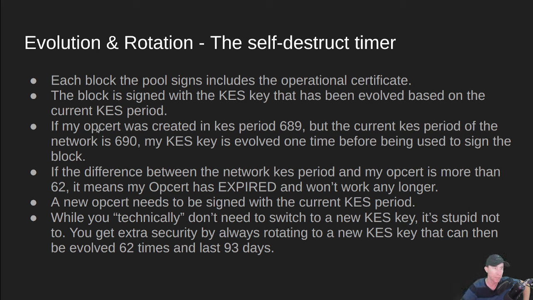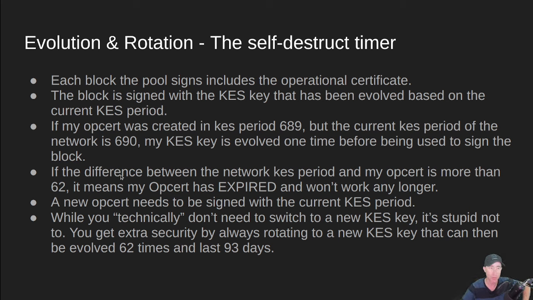So if my opcert was created in the absolute KES period of 689, but the current KES period of the network, it's been more than 1.5 days since I created my opcert. If that is 690, that means my KES key is evolved 1 time before being used to sign the block. So the KES key is actually signing with a different private key every 1.5 days. It switches that up until it runs out of times it can be evolved.